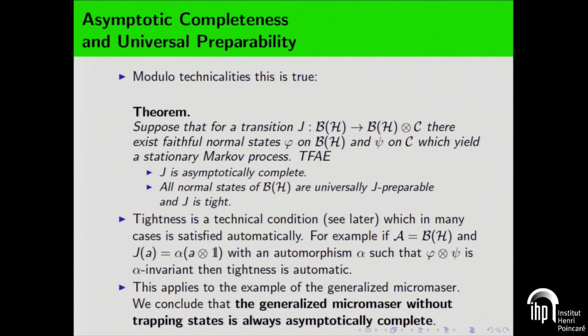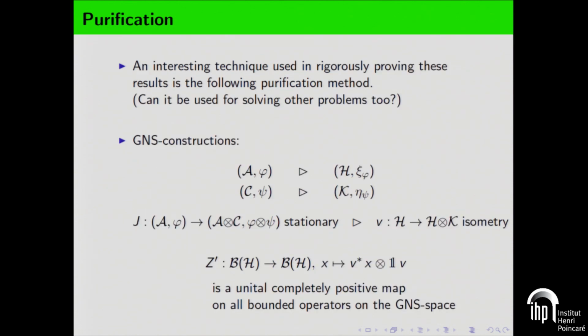So the fact that all normal states of B of H are universally J preparable is just equivalent to the asymptotic completeness. And we can also conclude from that that the generalized Micromaser without trapping states is always asymptotically complete. So that's a nice result for this example too.